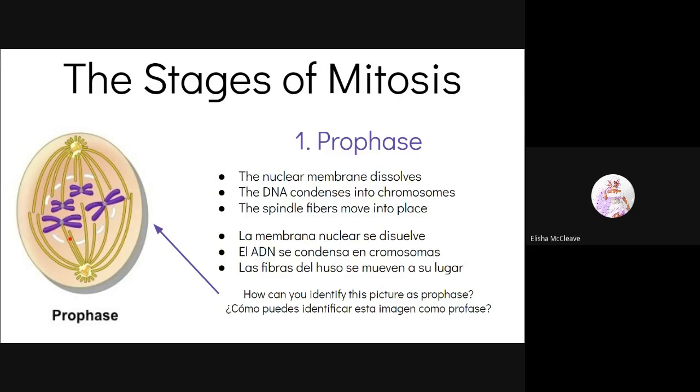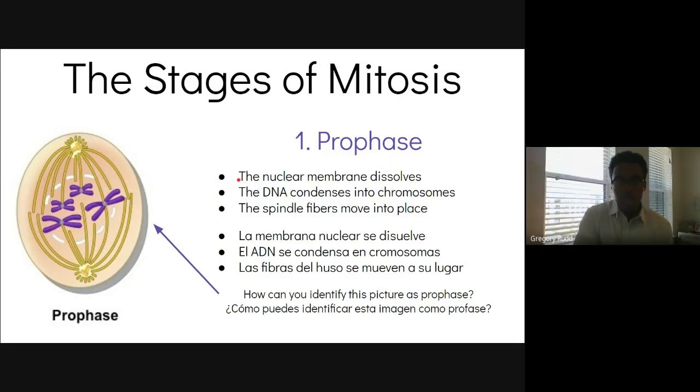The nuclear membrane. Excellent. So this first point here says that the nuclear membrane dissolves. So it's literally starting to just break apart. And the nuclear membrane is like the outer covering of the nucleus. So in this case, we can see that these dotted lines kind of represent how it's just breaking apart.